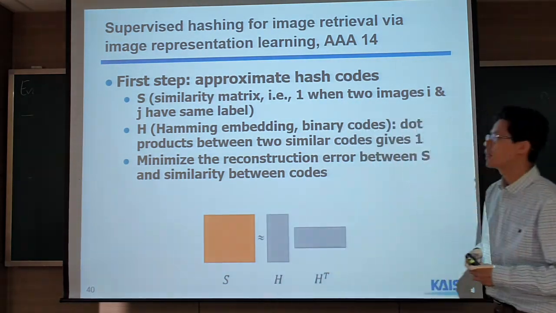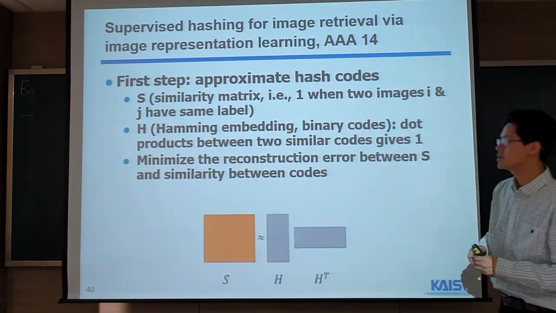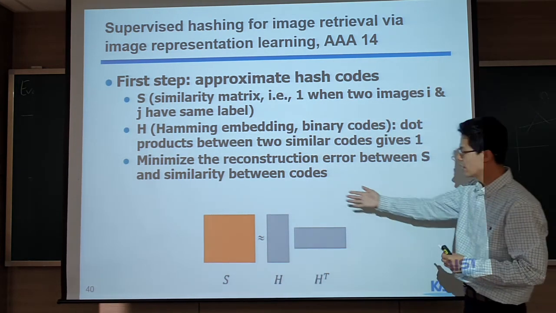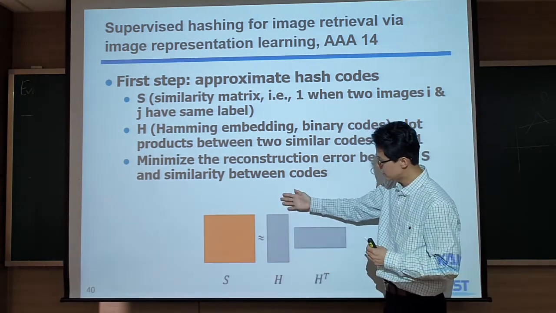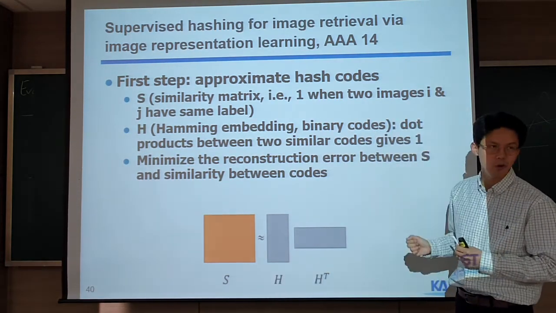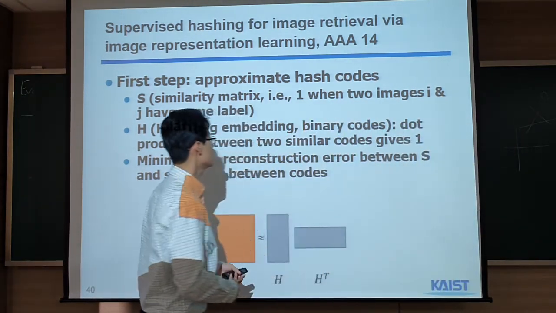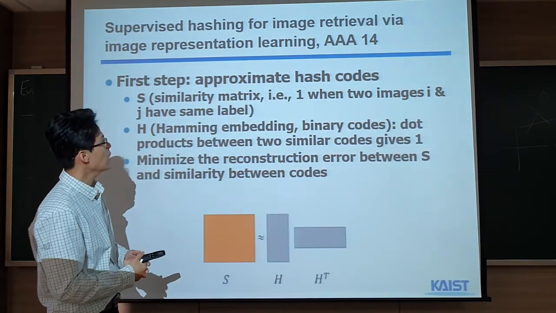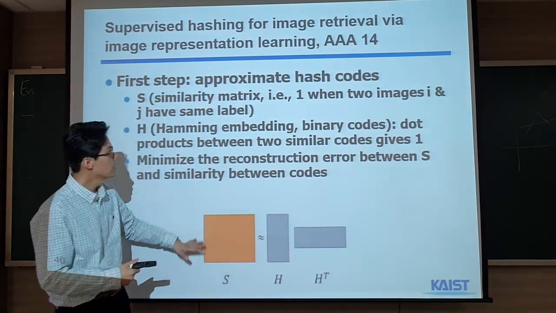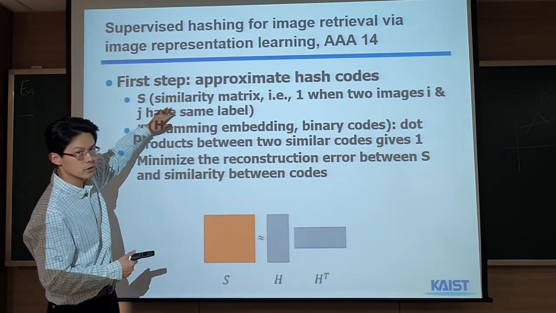And then we want to approximate this similarity matrix with the dot product between two of these binary codes, in a way that the dot product between the initial hash codes gives us this S matrix, the similarity matrix, right?